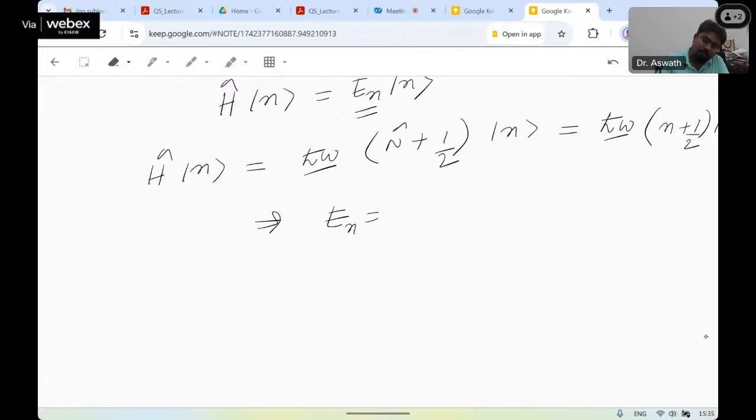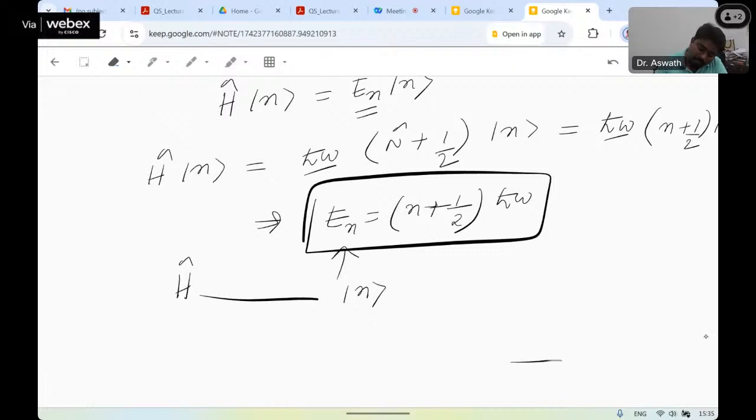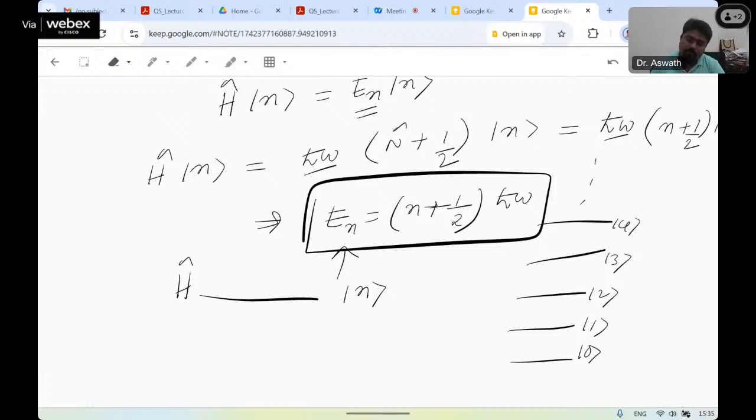Which is the energy of the particular quantum state. So H has eigenvectors and corresponding eigenvalues like this: ket 0, ket 1, ket 2, ket 3, ket 4, and so on for the harmonic oscillator.